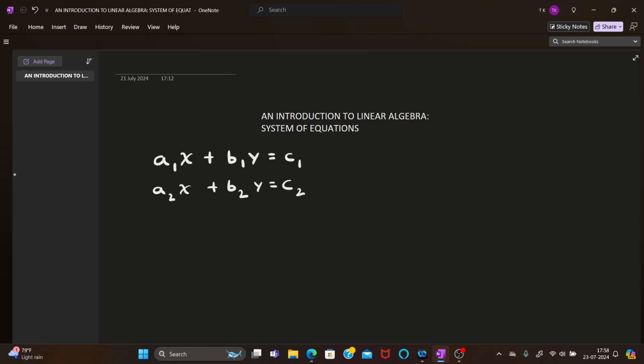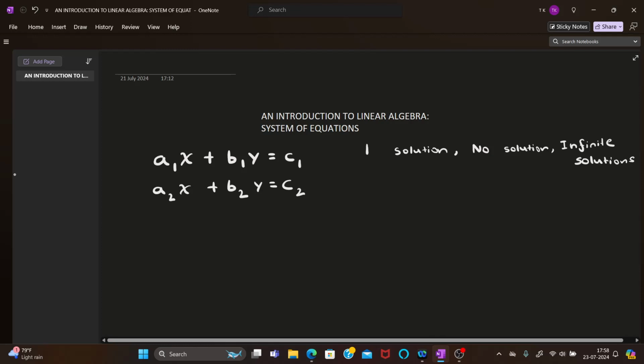One where there's one solution. The second, when there's no solution. And the third, where there's infinitely many solutions.